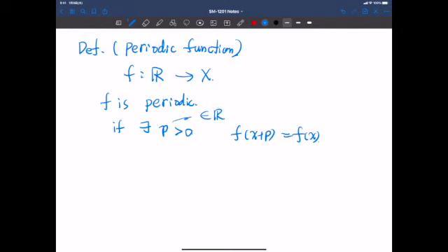For all, there exists some p such that for all x, f of x plus p is equal to f of x.